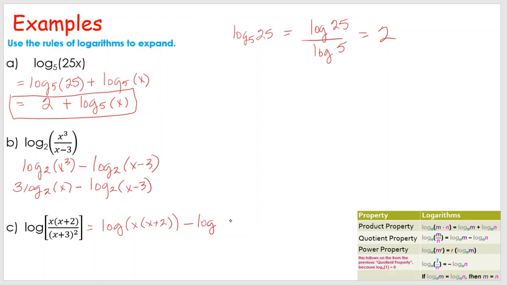Minus, alright, so on this one, since that x is being multiplied to x plus 2, I can break that one or expand that one even further. And then on the last part, I'm still going to have my minus sign, but I've got that power of 2, that exponent that I can move. And that's as far as I can expand this problem.